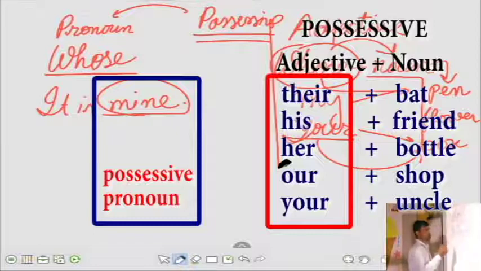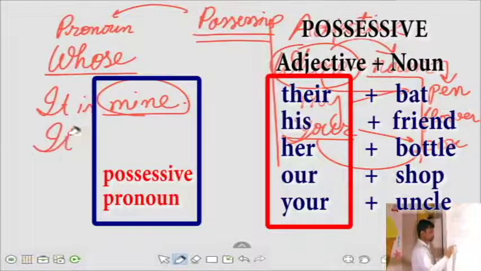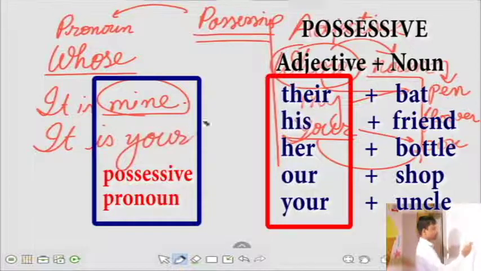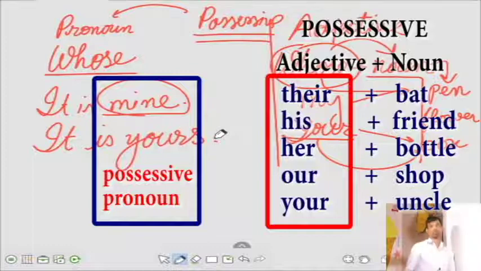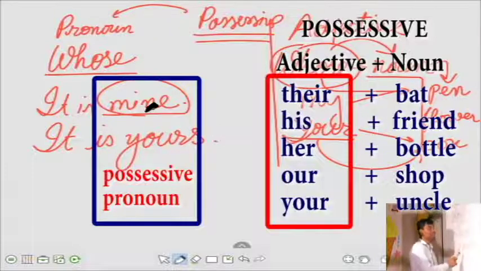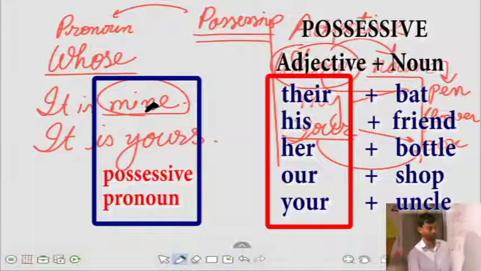Here, yours. It is yours. So easy. Yours. Only whose. Whose is this? Yours. So mine, yours, they are all pronouns.